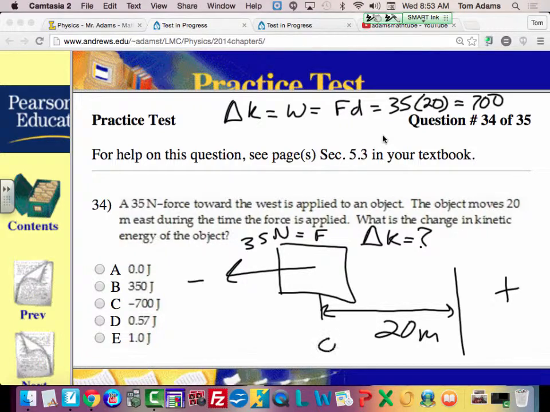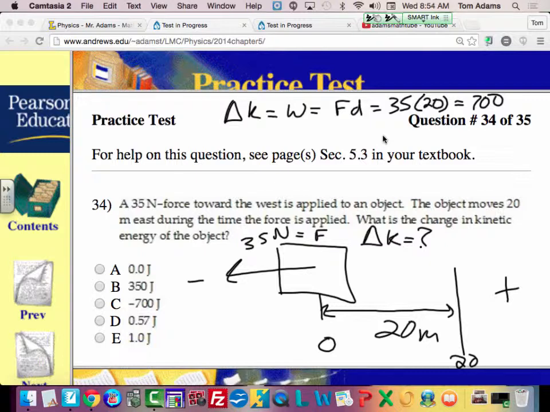In other words, if this is 0 and this is positive 20, my displacement's positive, and my force is negative because it's in the opposite direction. If I reverse this, either way, the force opposes the displacement. So I think we're always going to have a negative.